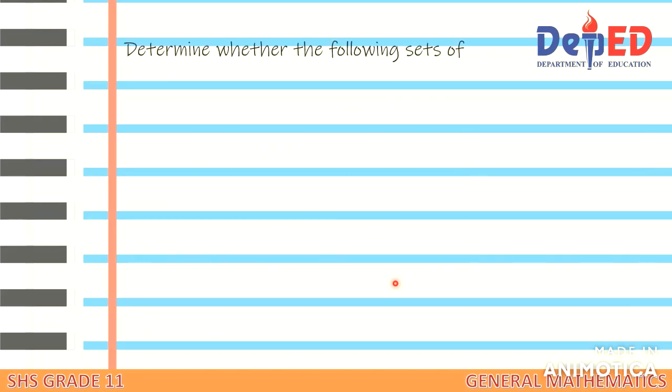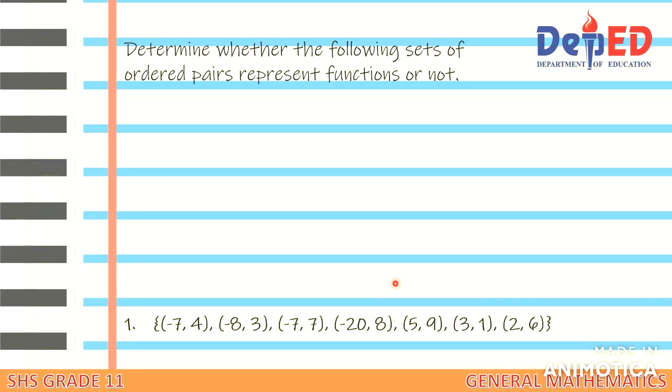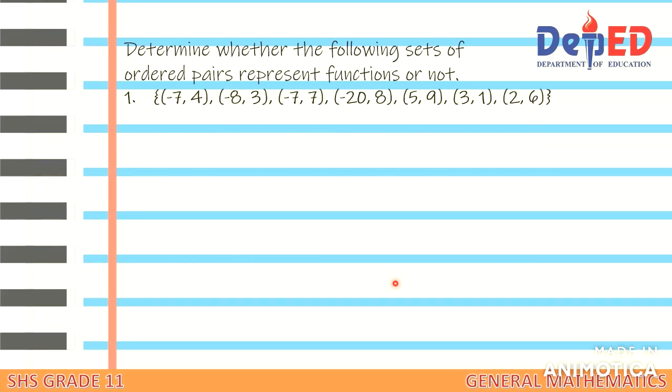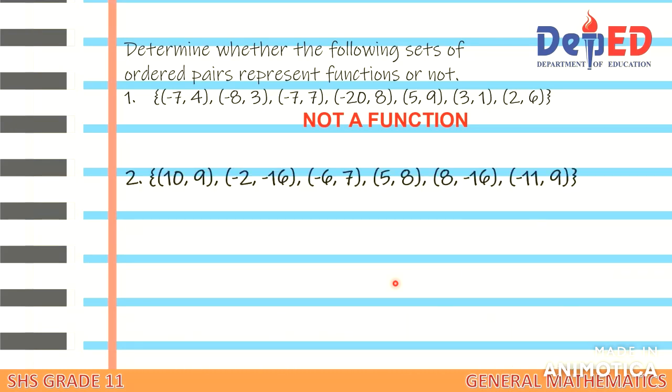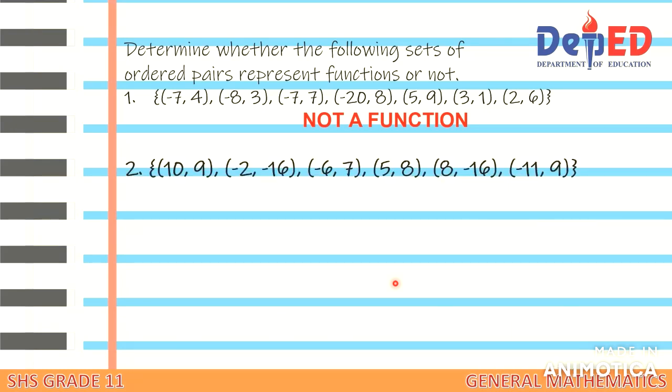Now, time to test yourself. Let's have some activity. Determine whether the following sets of ordered pairs represent functions or not. First one, is it a function or not? Not a function. Second, function.